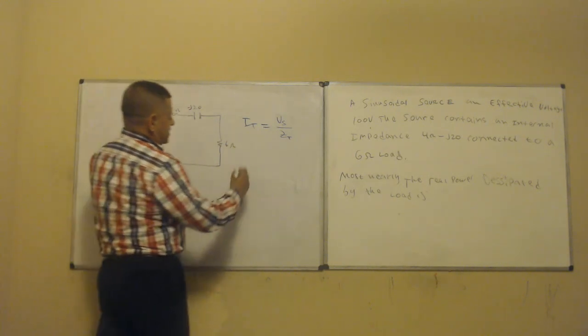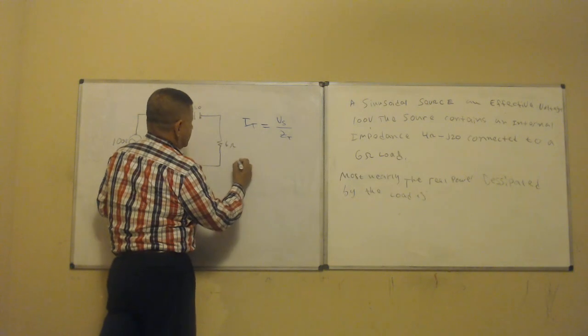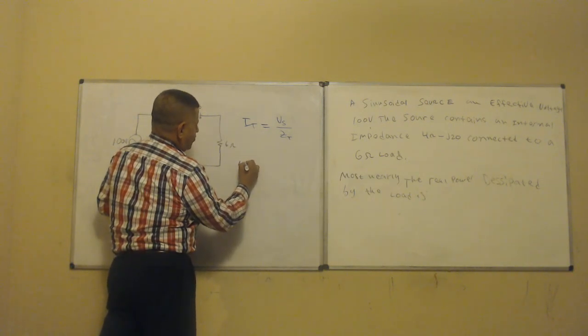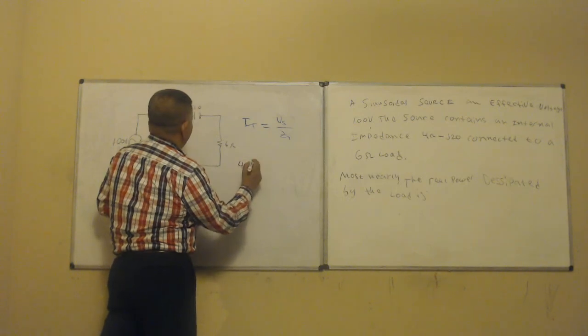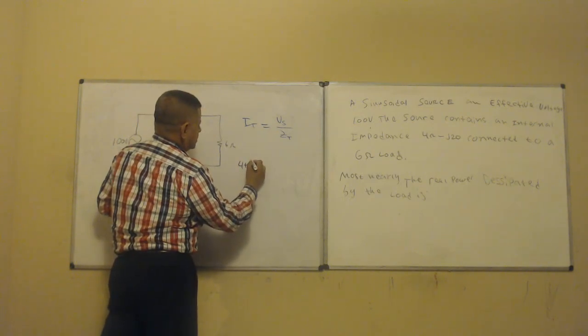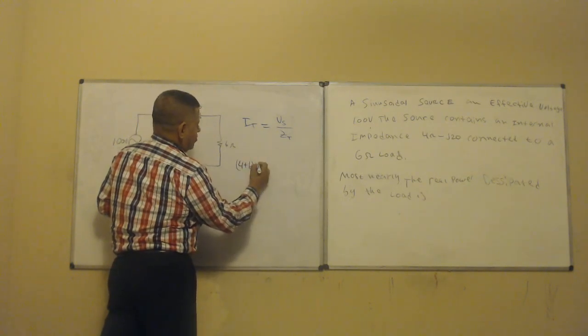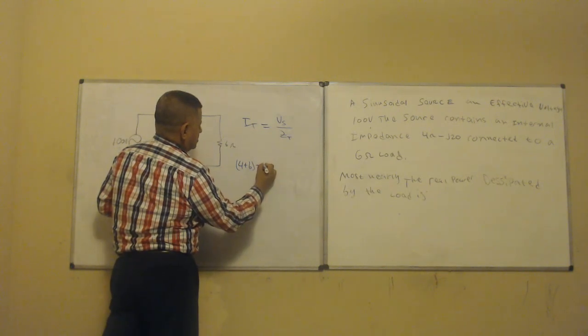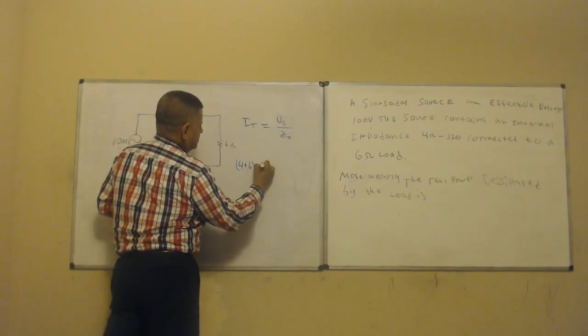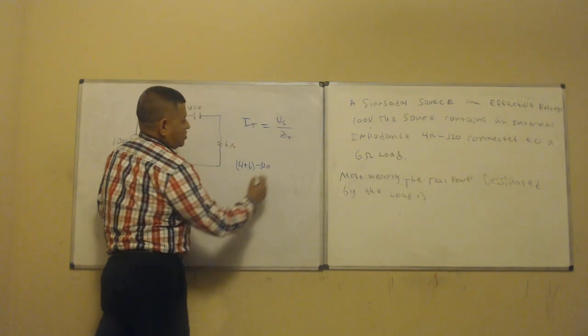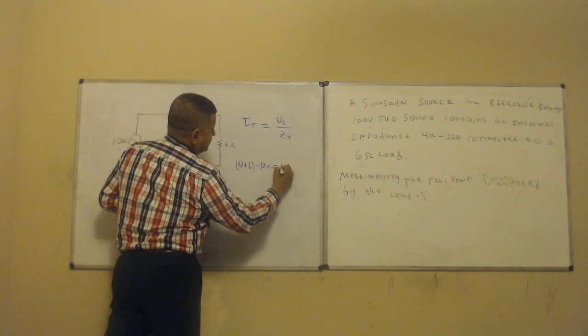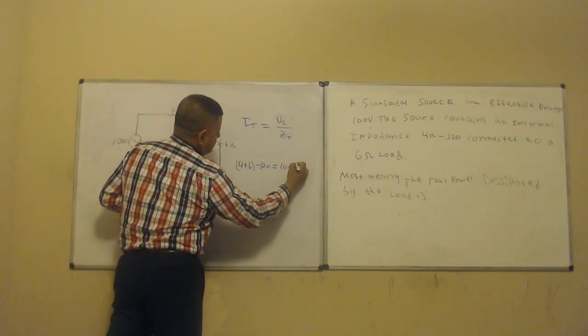So we can say that 4 ohms plus 6 ohms minus 20J, right? Which is equal to 10 minus J20, right?